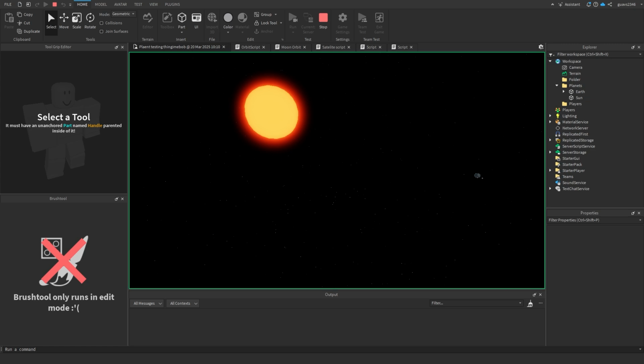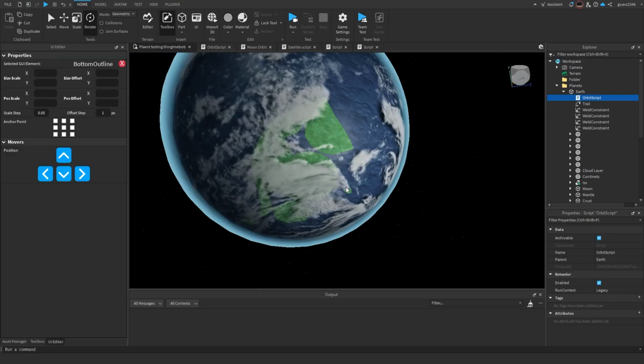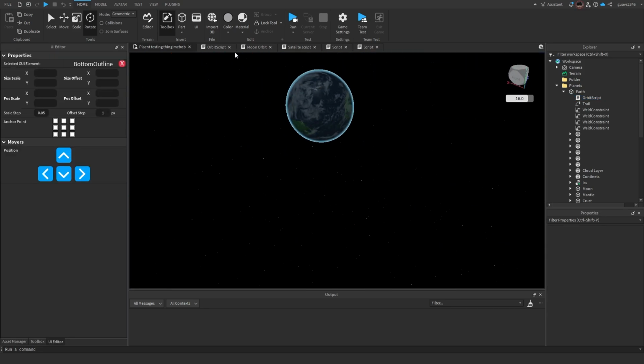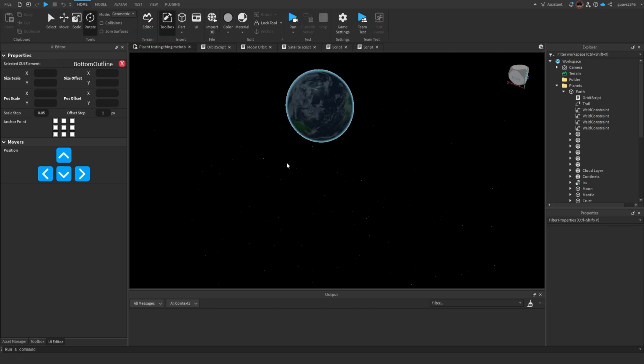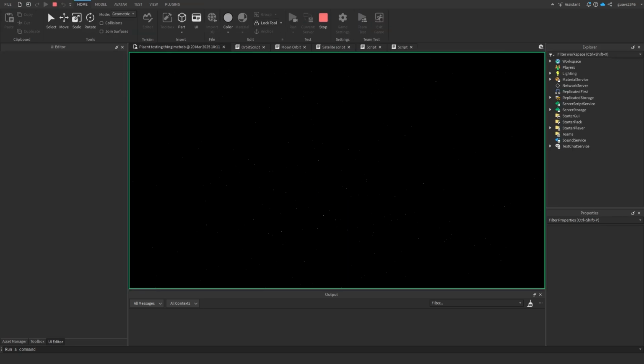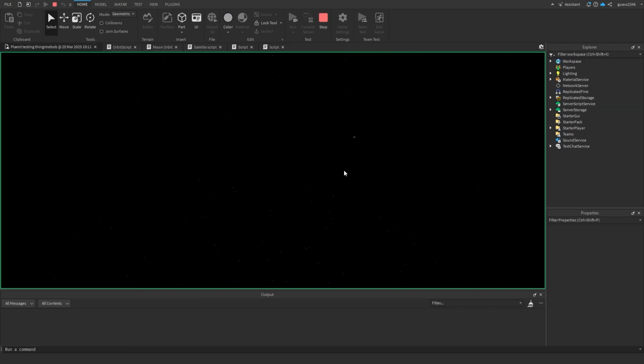I need to see if the moon orbits the Earth at an angle. Oh, it's a 5-degree tilt. Okay. Moon orbit, the angle, it's 5 degrees. Since it's a 5-degree tilt, now I think we can see the tilt here. Okay.